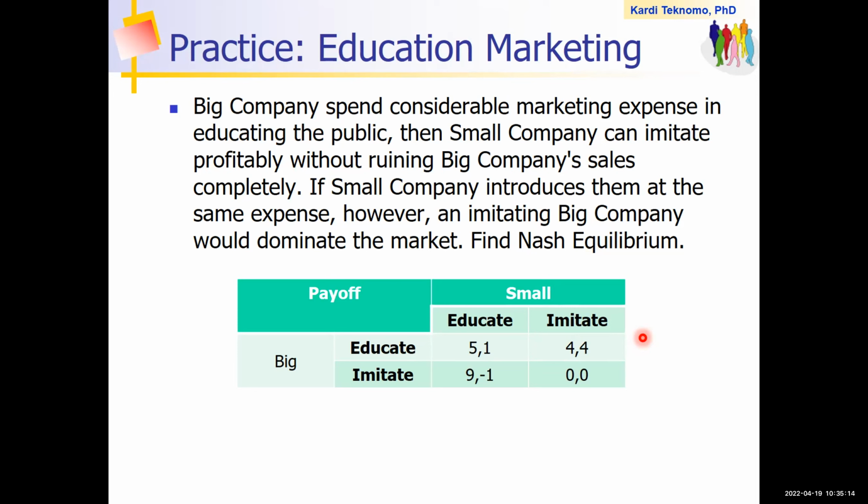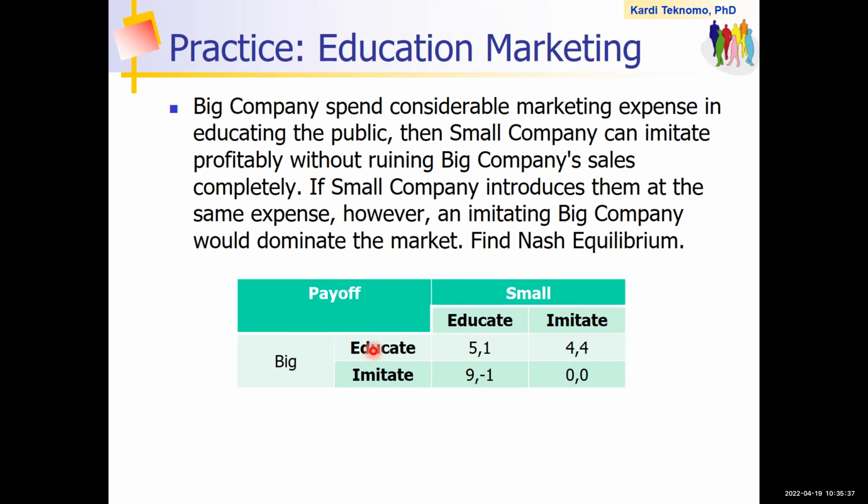But if the small company introduces them at the same expense, an imitating big company will dominate the market. Right? To educate the market, you need a lot of campaign money.